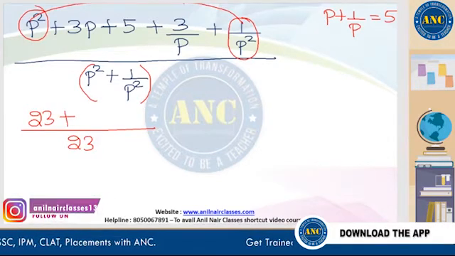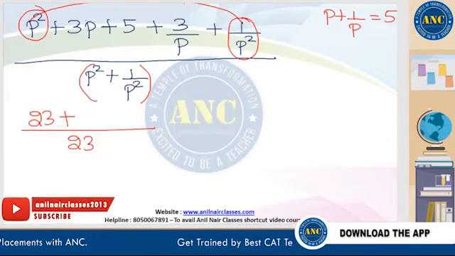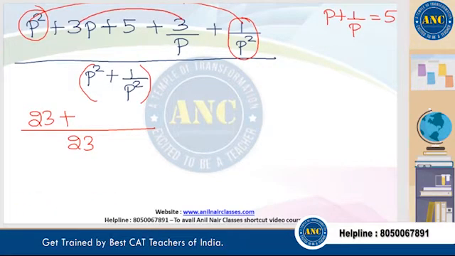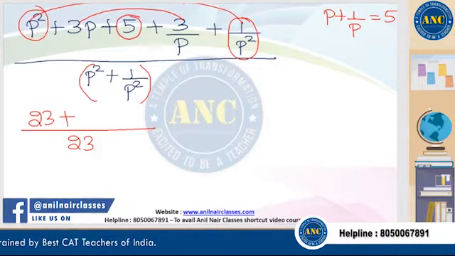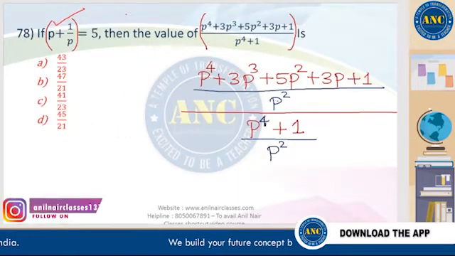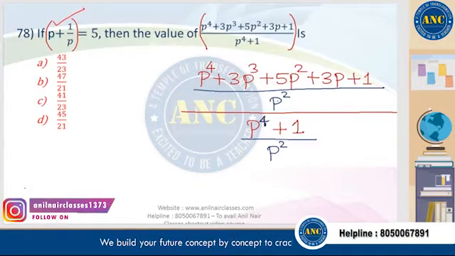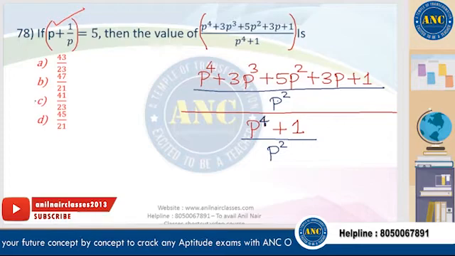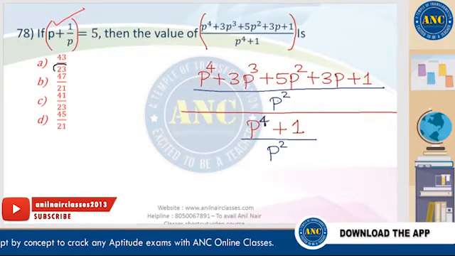Plus, if you observe carefully, there are three more terms: the second term is 3p plus 3 by p, and the other term is 5. If you are really smart, you don't even have to solve further, but you should in this question, because the denominator should be 23.